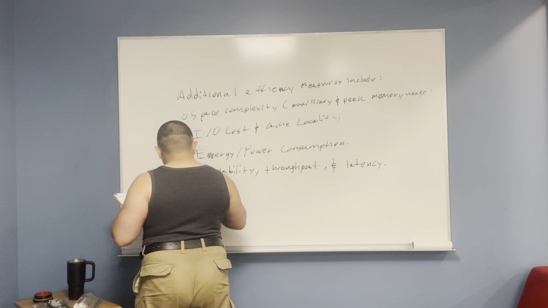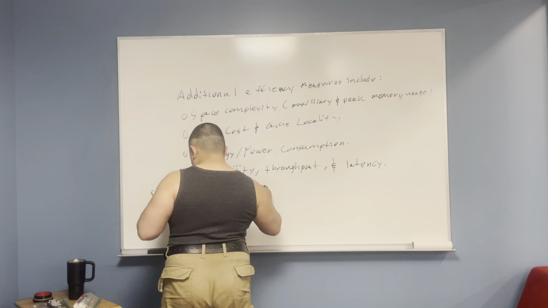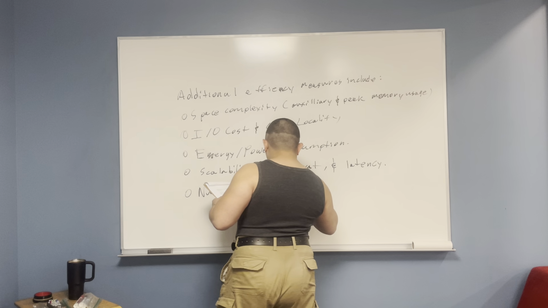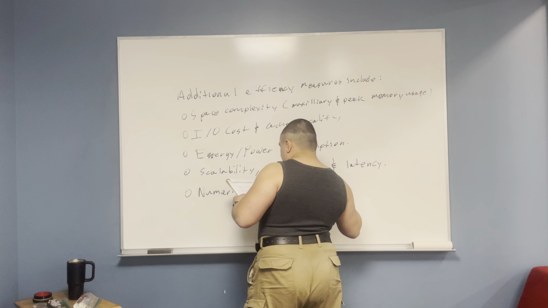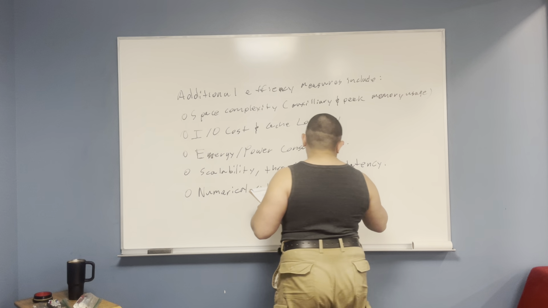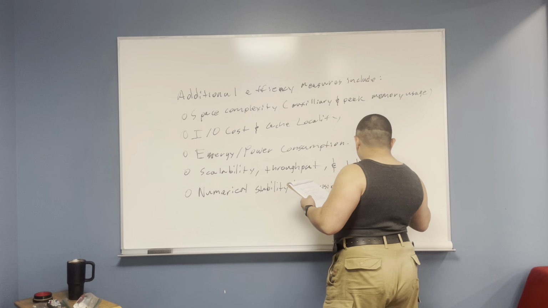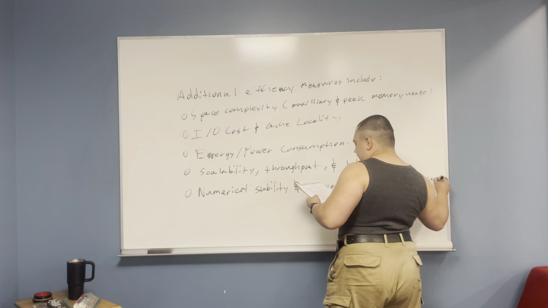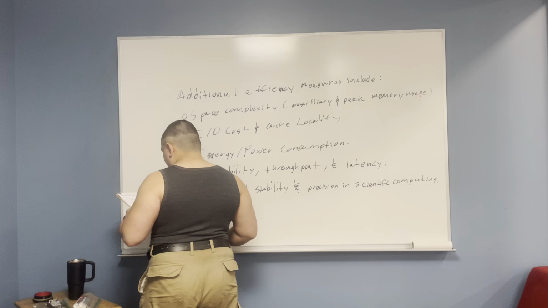Then there's numerical stability and precision in scientific computing. You don't want it to fall apart if it hits a number. I mean, there are certain numbers. You can go a certain length, and then it's like, well, everything we have will kind of fall apart if you try to put that into any calculator.